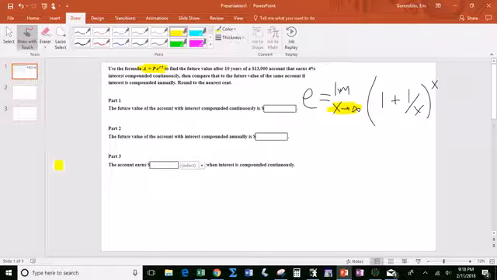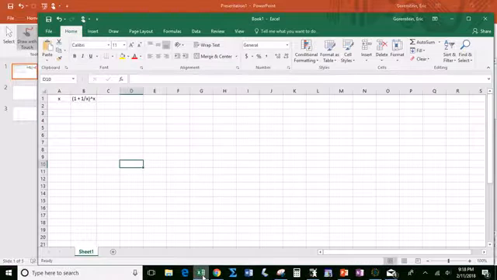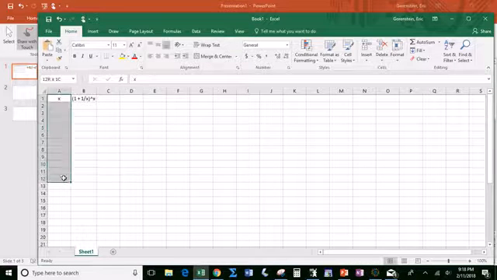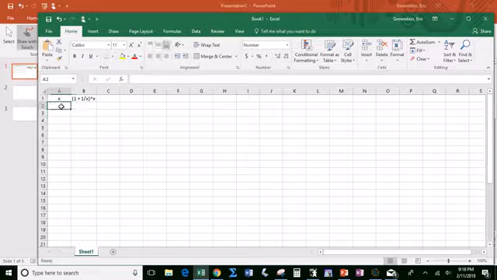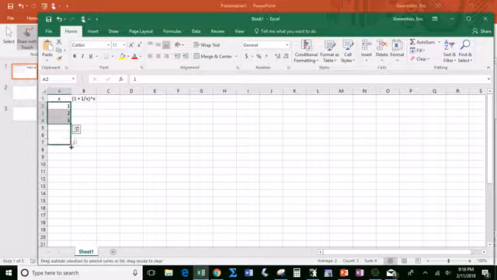I'm going to pop over here to Excel to do the calculation. So I have x in column A. These are the numbers I'm plugging in. And here's that 1 plus 1 over x to the power of x. So let's plug in, we'll say 1, 2, 3, 4, 5.